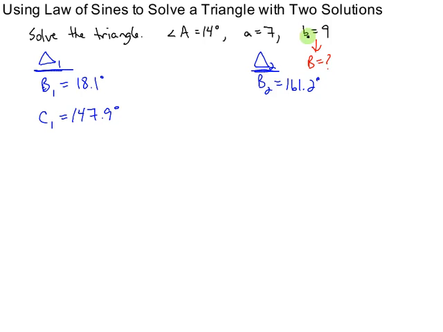We have sides A and B, so now we need side C. To find side C, I'll set it up as side C over the sine of angle C, and notice I'm using C sub 1 here because this is triangle 1, equals, we know angle C sub 1 is 147.9, equals, let's use the A's that we were given, so side A over the sine of angle A, and to solve for side C sub 1, multiply both sides by the sine of 147.9.